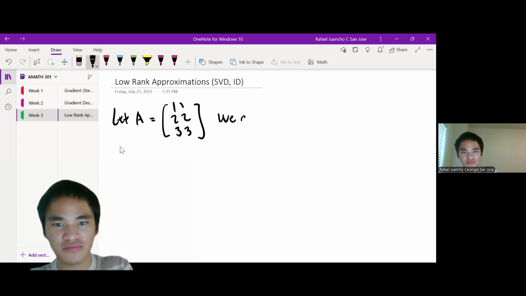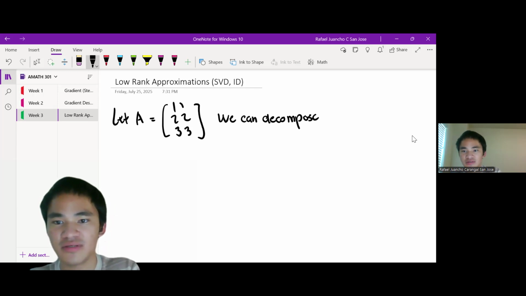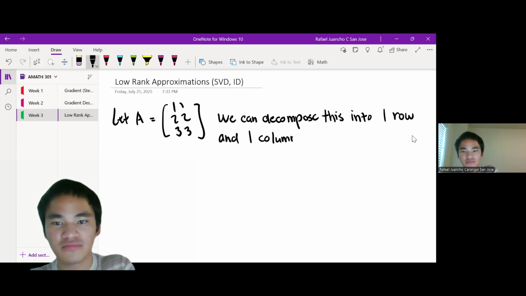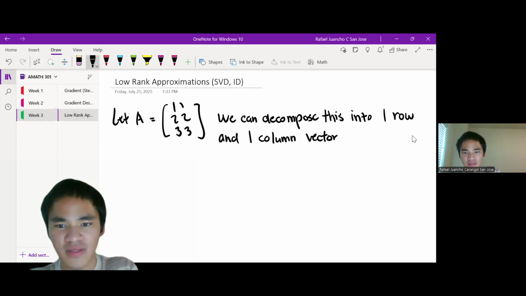So we can decompose this matrix into 1 row and 1 column vector, right? So we can do that.